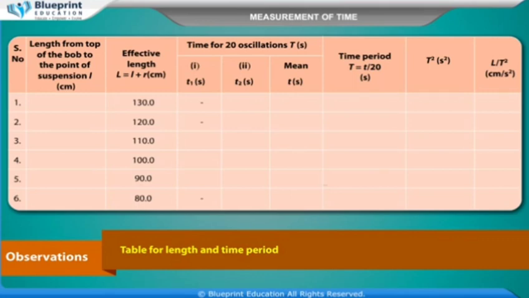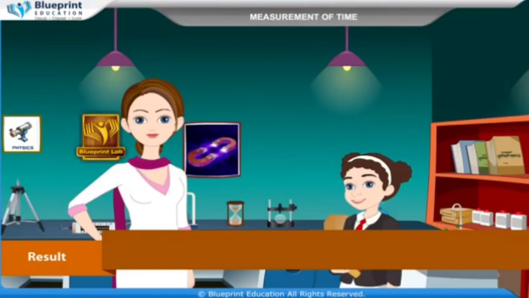Time for 20 oscillations, t seconds: t1 seconds, t2 seconds, mean t seconds. Time period T equals t by 20 seconds. T square, second square. L by T square, centimeter per second square.